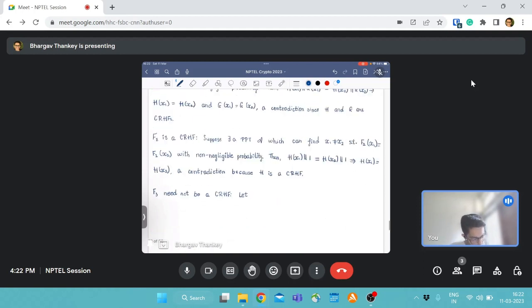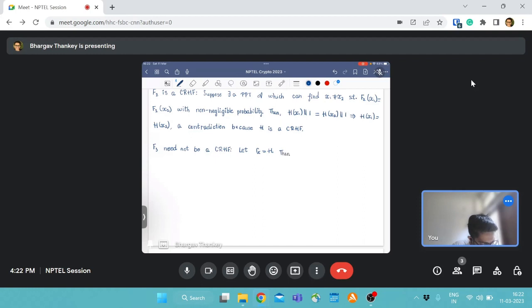So what we are going to do is this: let G be H. Then for any X, F3 of X is equal to H of X concatenated with H of X, assuming H is from all strings to 0,1 to the n.